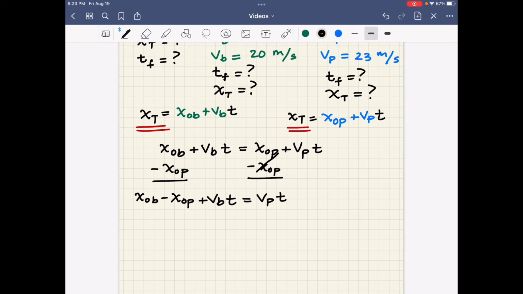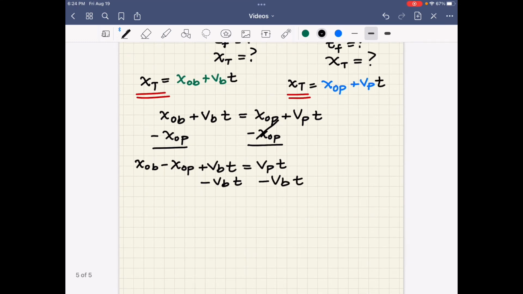So, this is the one I have to move, guys. Velocity of the boat, t. There you go, because I want to have both t's, or time, on the same side. This cancels. So now I'll have x naught boat minus x naught p equals v sub p t minus v sub b, as in Bravo, t.